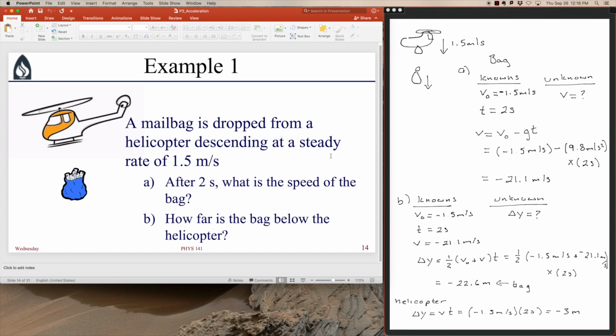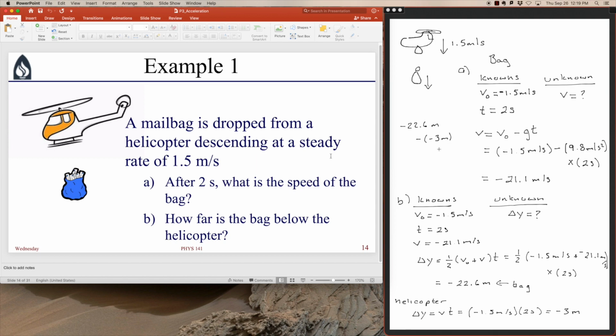So while the bag descended 22.6 meters, the helicopter descended 3 meters. So if I want to know then the distance between the bag and the helicopter at the end of the 2 seconds, I would need to take my 22.6 meters and subtract off of that my 3 meters.